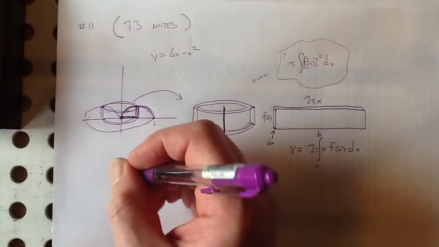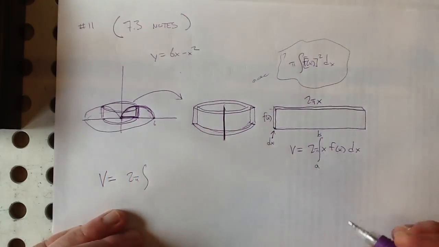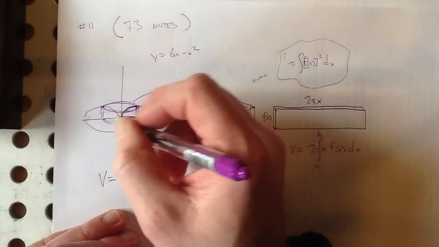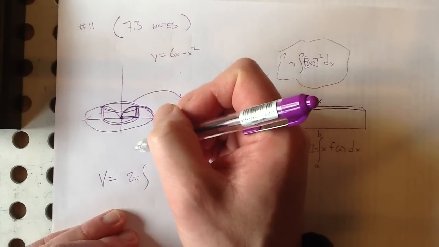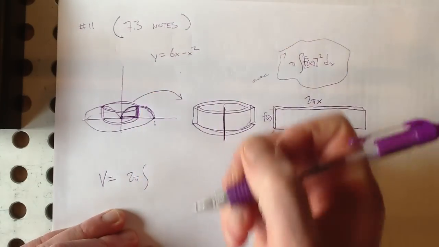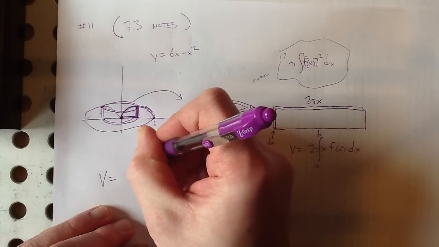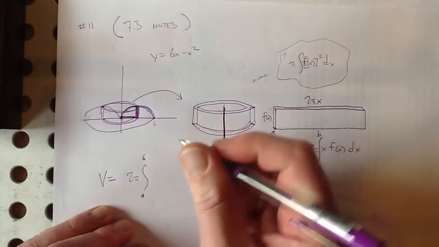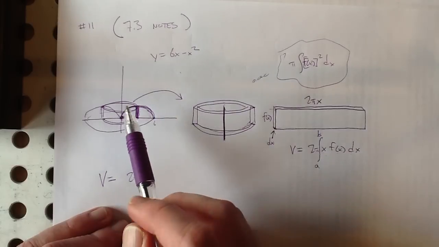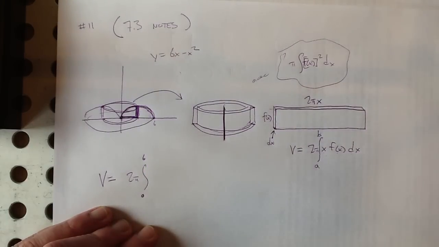So in this particular problem, we've got 2 pi times, and notice that even though we're rotating around the y-axis, this is a dx problem because our little slices are little tiny dx's. That's a very different feel. If you're doing volumes by cylindrical shells, then rotating around the y-axis is actually a dx problem, and vice versa.